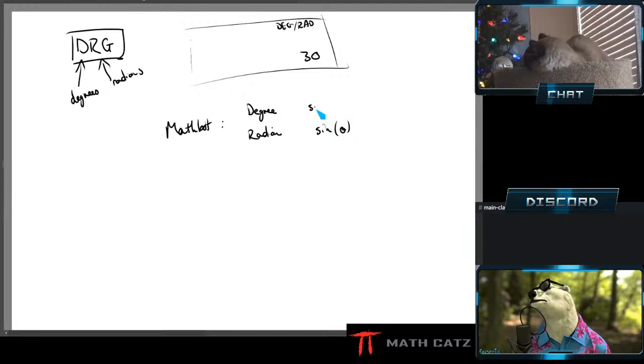If I'm using degrees, I have to write sine D, telling it that's degrees. This isn't a standard name for the function, it's just in MathBot because it doesn't have the same setting as a calculator where I can change things permanently.